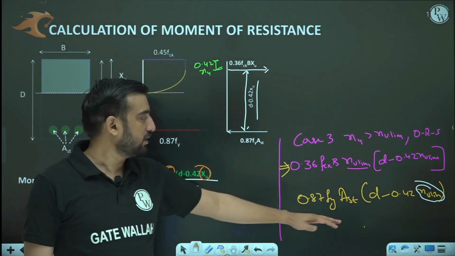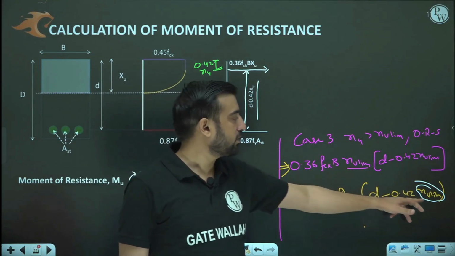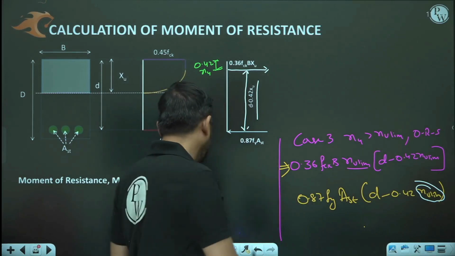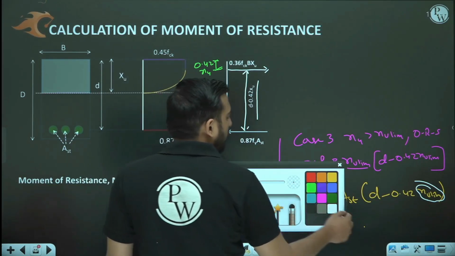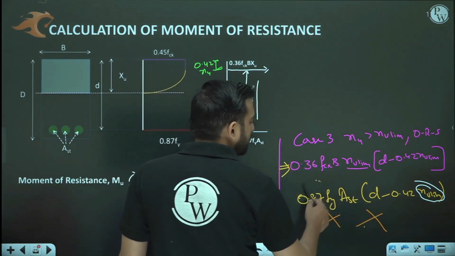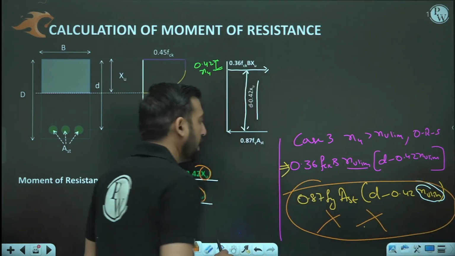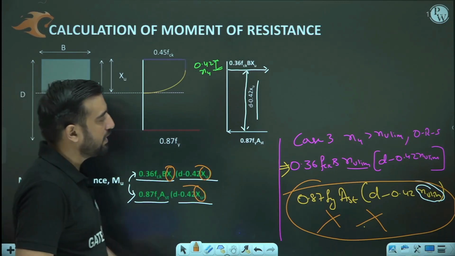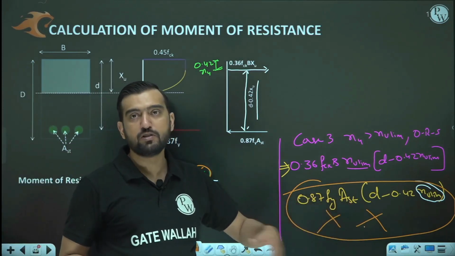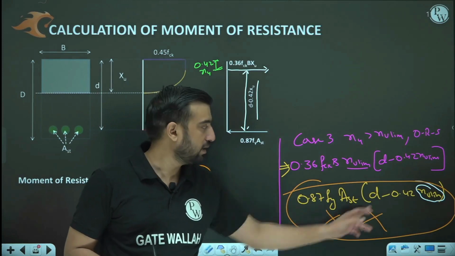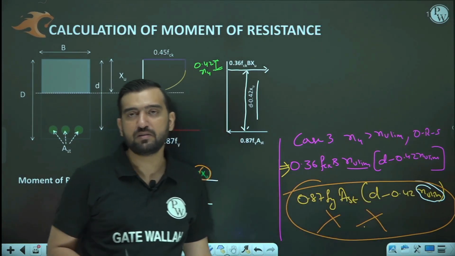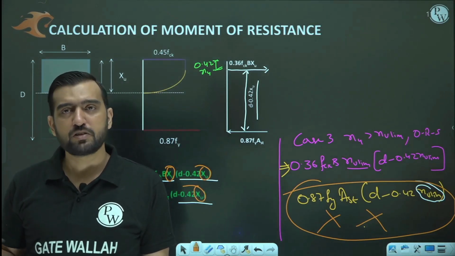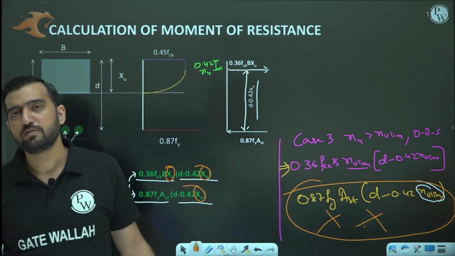So that is the reason why, even after substituting the value of XU as equal to XU limit, you are going to get the wrong result for moment of resistance. So I will recommend that you either calculate that amount of AST which corresponds to the limiting condition, then replace with XU limit and you will get the right answer, or I will simply suggest that while calculating moment of resistance, you simply go for the compressive side formula.